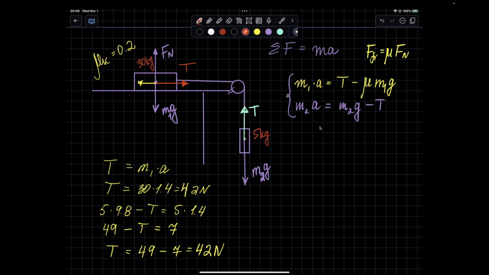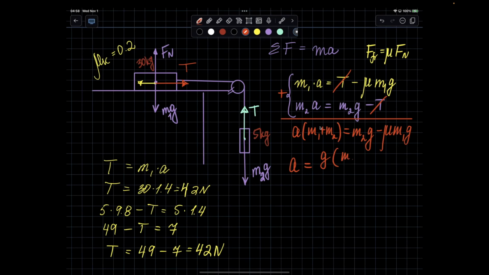System of equations, add them, gets me acceleration, sum of masses, equals, tension cancels, m2g minus mu m1g. So I can say that my acceleration now is g times m2 minus mu m1, all that divided by the sum of masses, m1 plus m2.